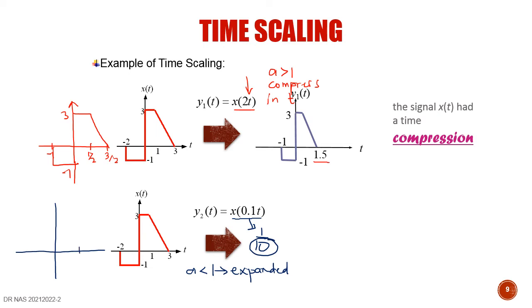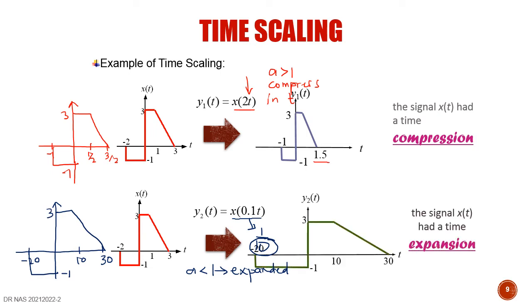So 1 becomes 10, 3 becomes 30, and negative 2 becomes negative 20. There's no change in the amplitude. Now the signal is expanded, getting bigger, while the amplitude remains the same.